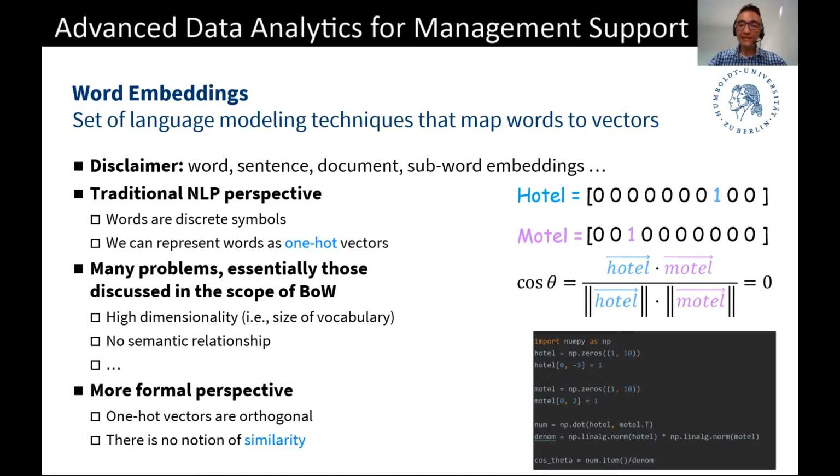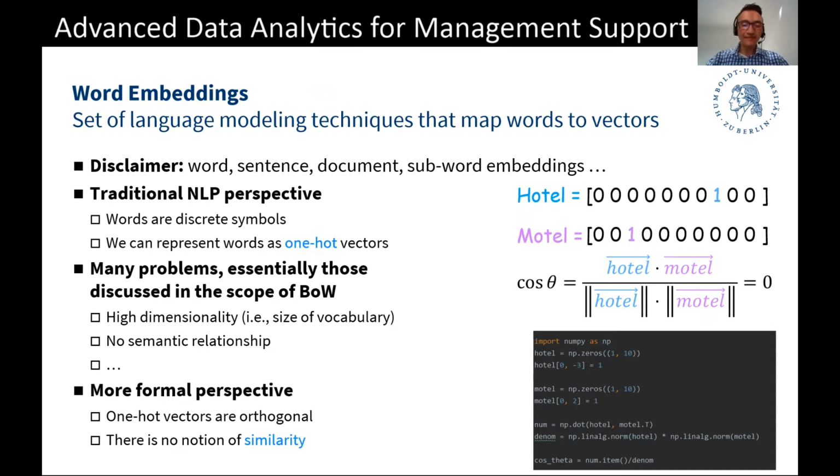And traditionally, we represent words by discrete symbols or as one-hot vectors. That's the traditional NLP perspective. And you see two one-hot vectors here, hotel and motel. And the example is to stress right away a fundamental shortcoming of this one-hot encoding.